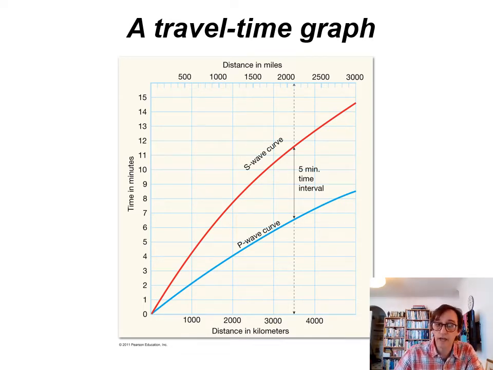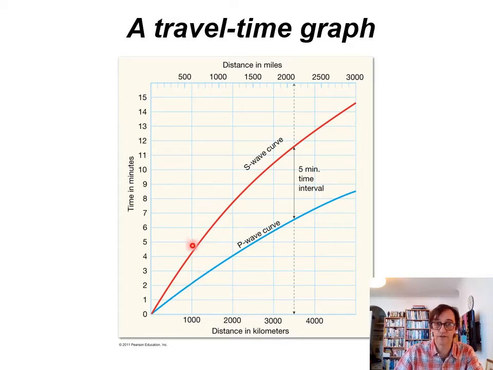Firstly, the S wave curve shows you after 1,000 kilometers how long it would take. So it's basically the velocity. The S wave is slower. So anyway, let's start again. The P wave's quicker. To get 1,000 kilometers, it takes only 2 minutes. If I show you on this chart, that's this point.